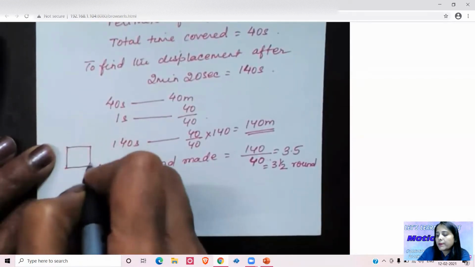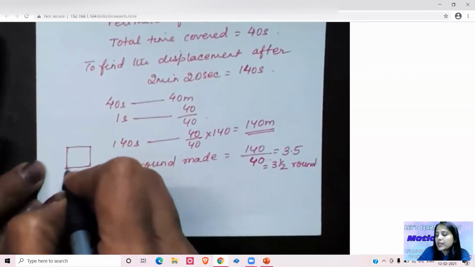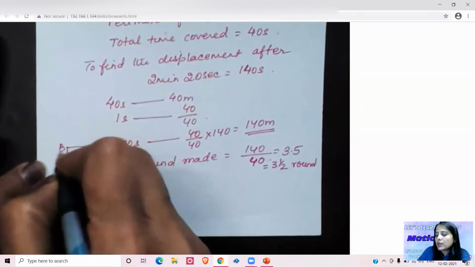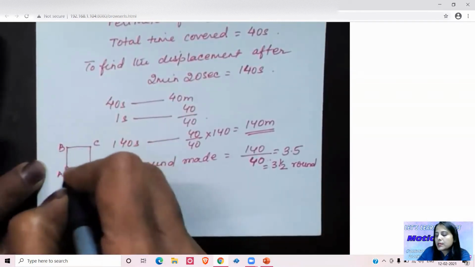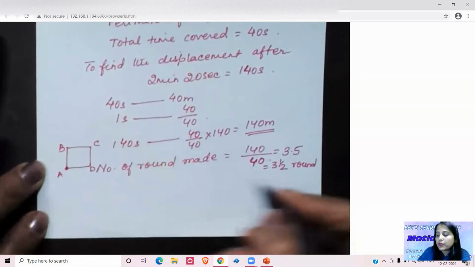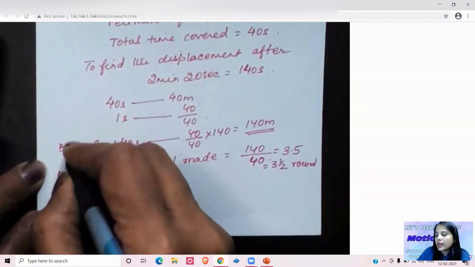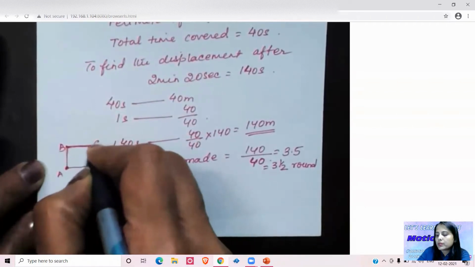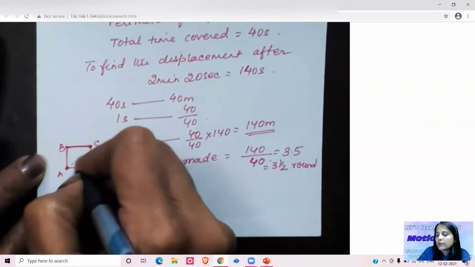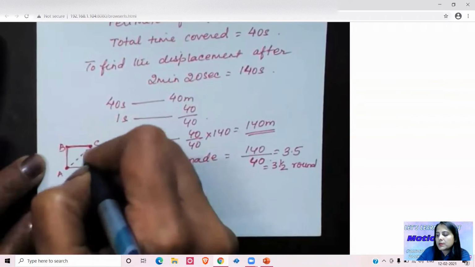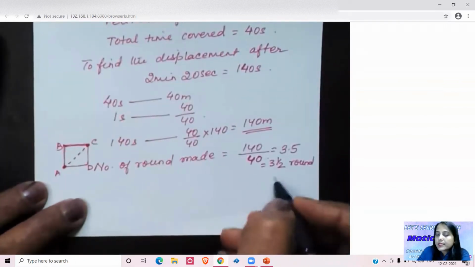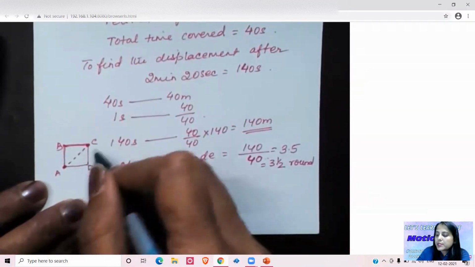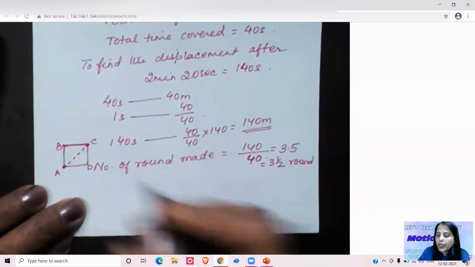So, in this case, this is the square field. 3 times the person is moving along ABCD. 3 times he has moved. But for half of the 3.5, half means 1 here and here it stopped. That means we have to calculate the distance between these 2 points. So let's calculate the displacement for this half round.